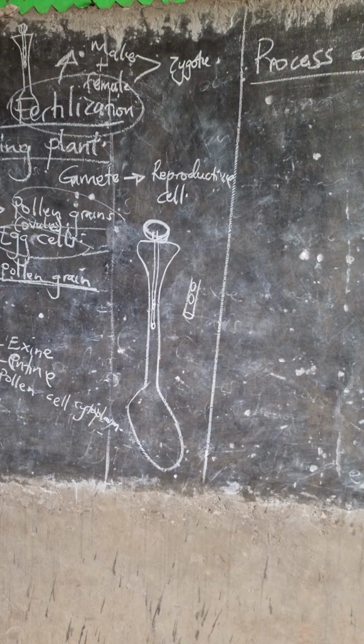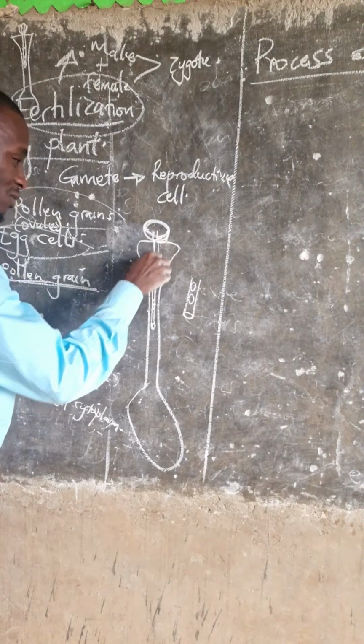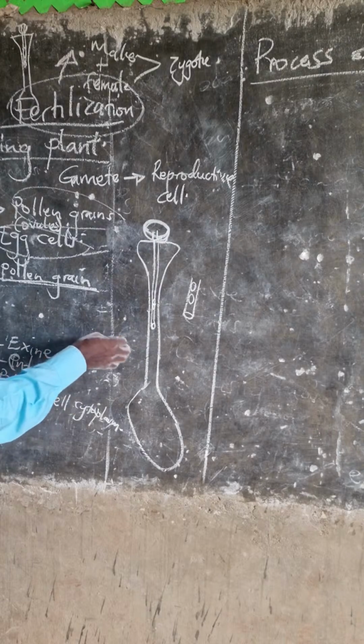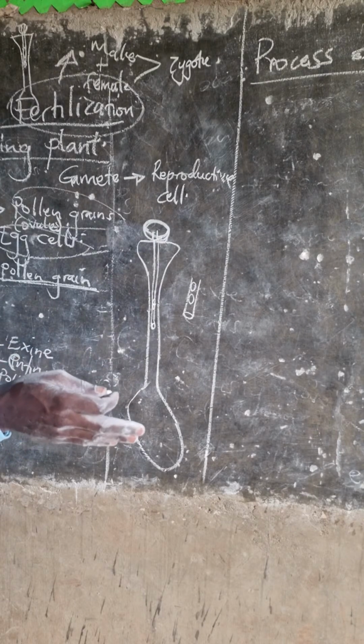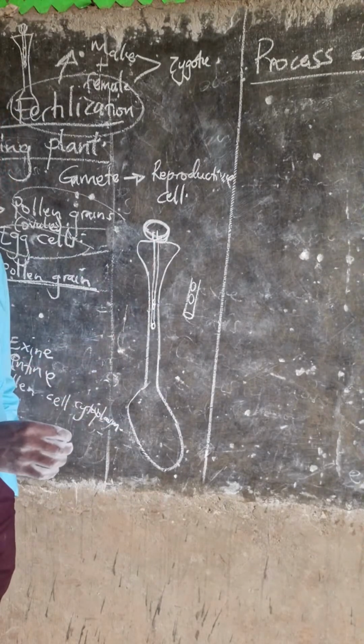A pollen tube, someone is asking what is a pollen tube? Like you've ever seen a stem. As the embryo of a seed is germinating into a seedling, it has a stem that grows fast.